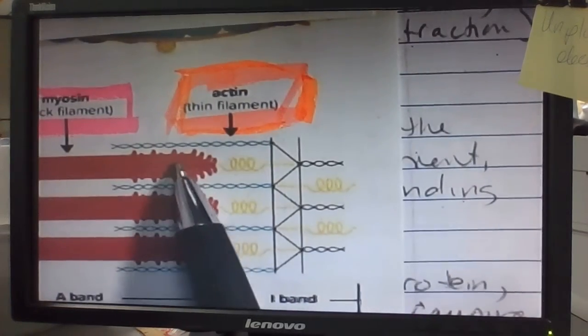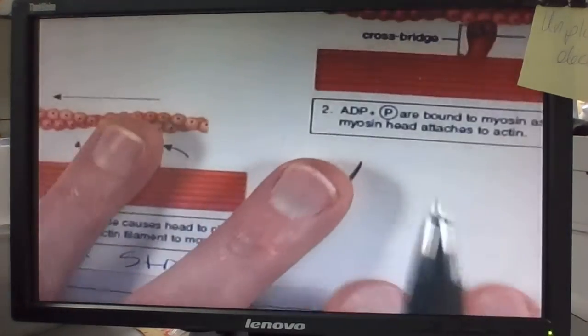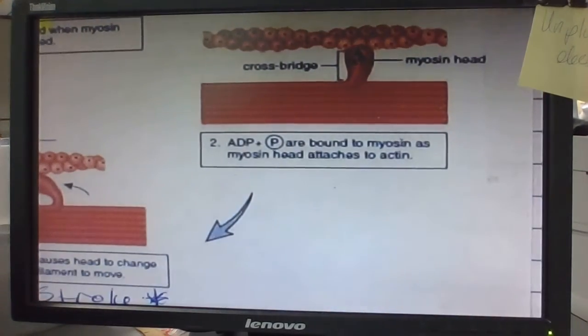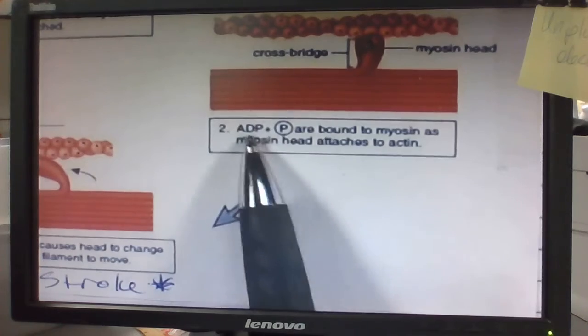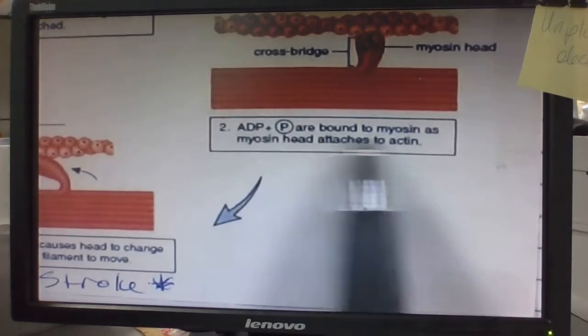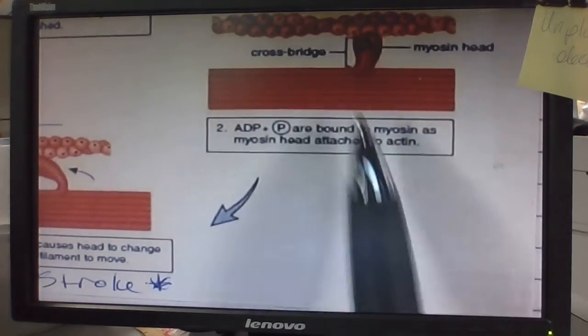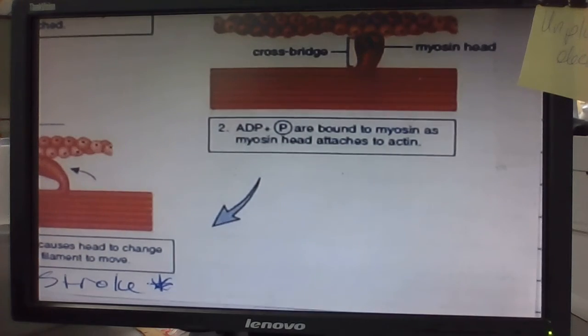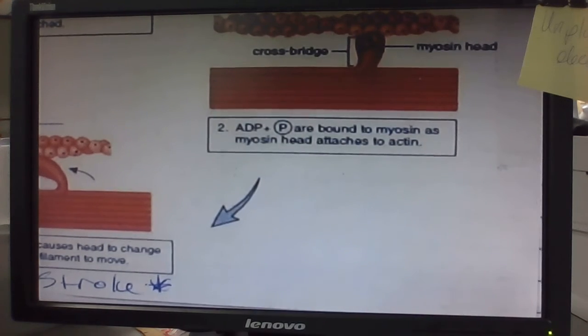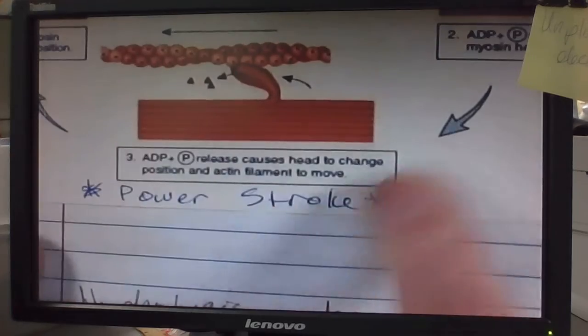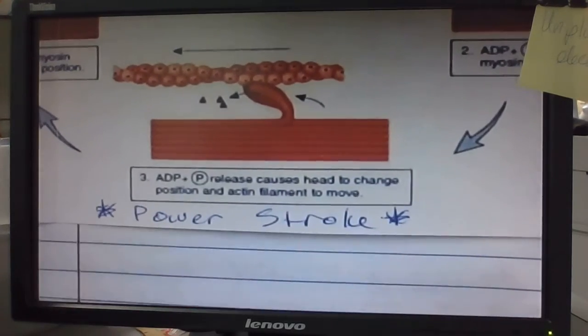So now all of those little doodads, these little dangly things, are finding spots to attach to that actin. ATP was hydrolyzed, creating ADP and our phosphate group. ADP and that phosphate group are bound to that myosin as the myosin head attaches to the actin. Next, and this stage right here is known as the power stroke.